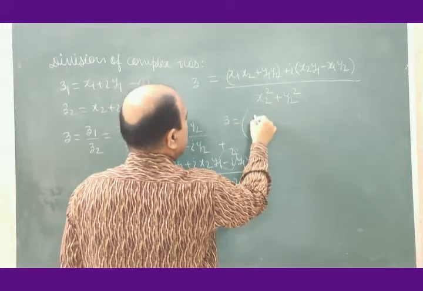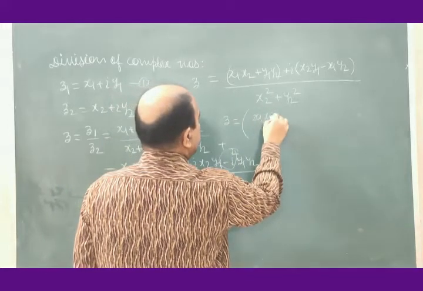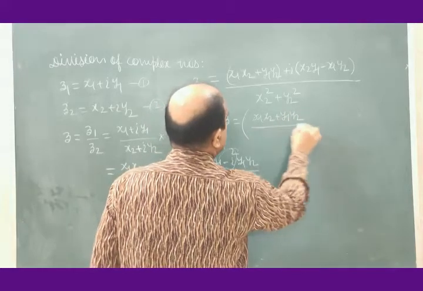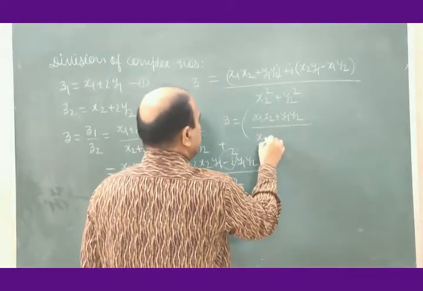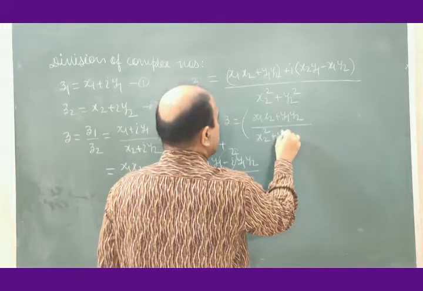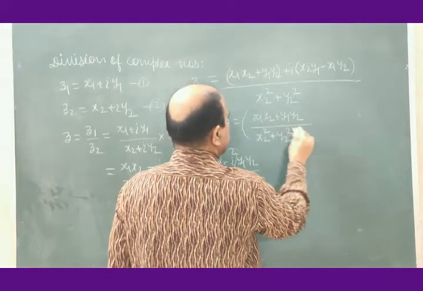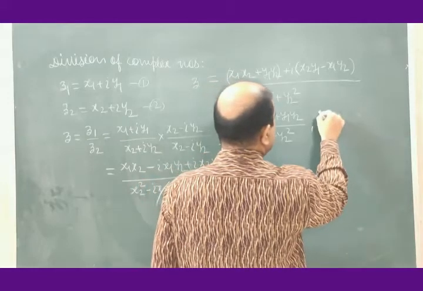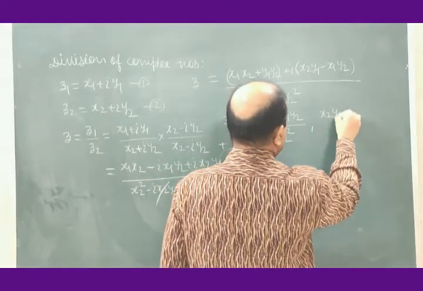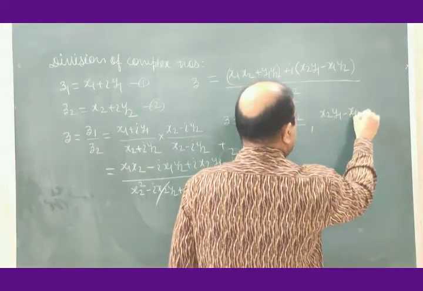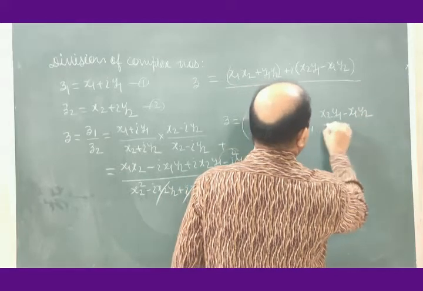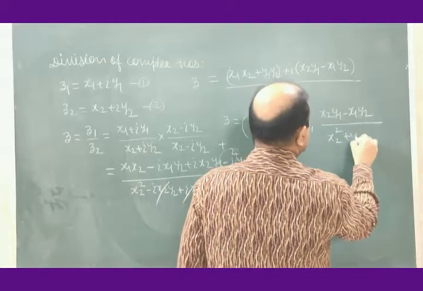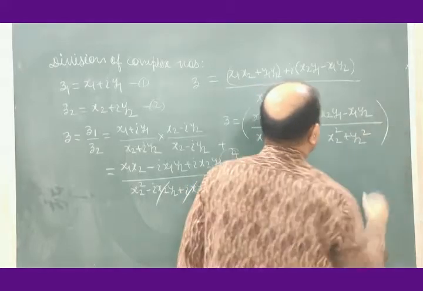Real part of this will be x1 x2 plus y1 y2 divided by x2 square plus y2 square, and the imaginary part is x2 y1 minus x1 y2 divided by x2 square plus y2 square.